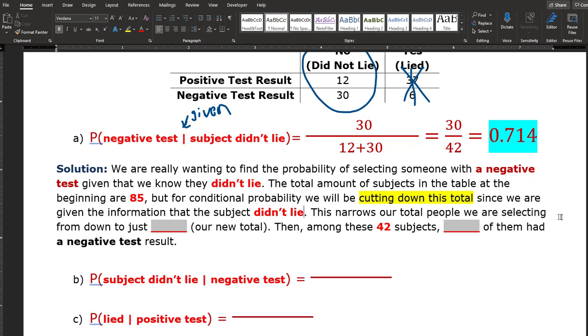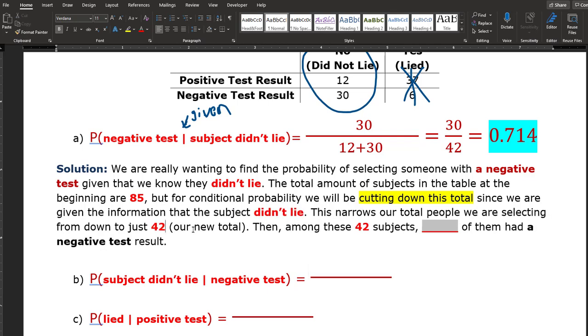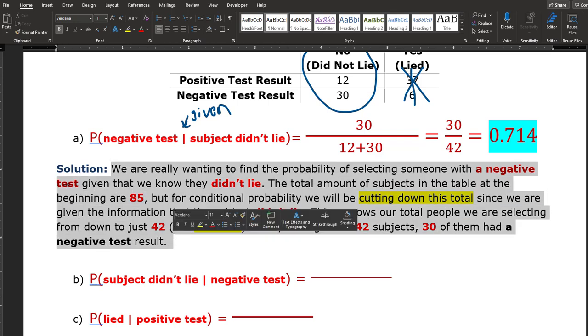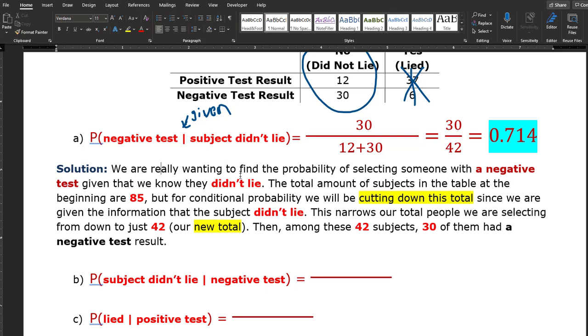This narrows our total people down to just 42. This is what I call the new total whenever I'm doing these problems. Then among these 42 subjects, we saw that 30 of them ended up having a negative test. So this is the explanation of what we just did, and that's what you're going to be doing when you do these problems.